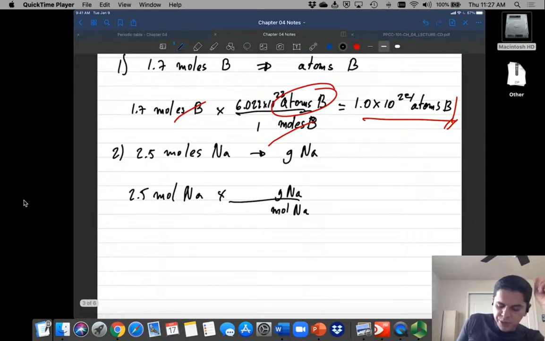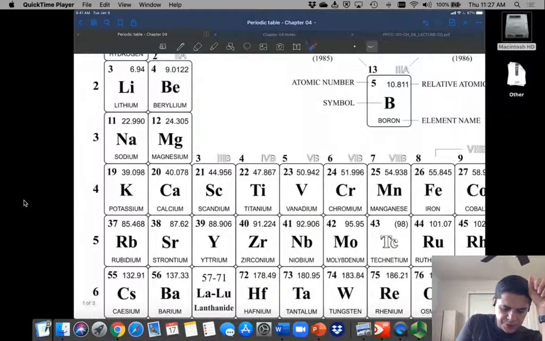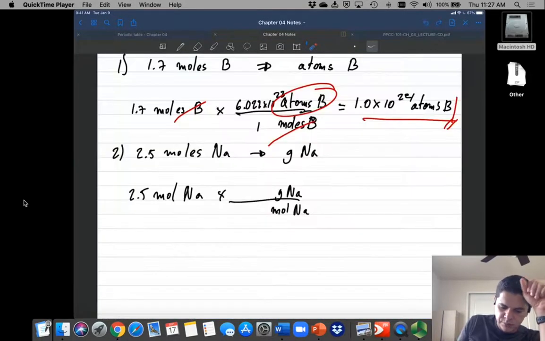So where do we get the number that we need? Grams per mole. Go back to the periodic table. And for sodium it is 22.990 grams per mole.